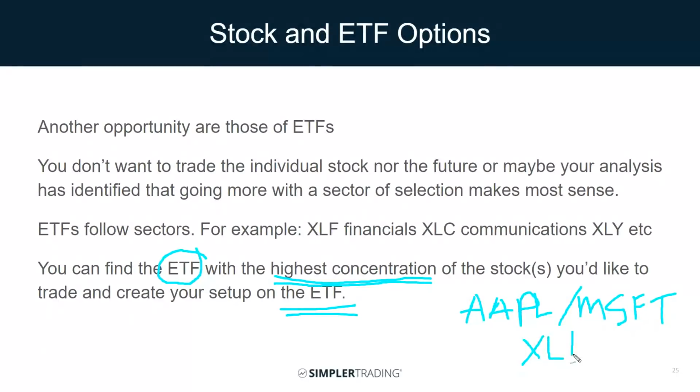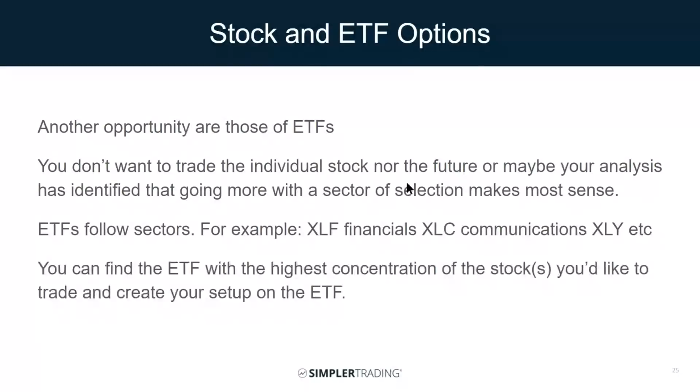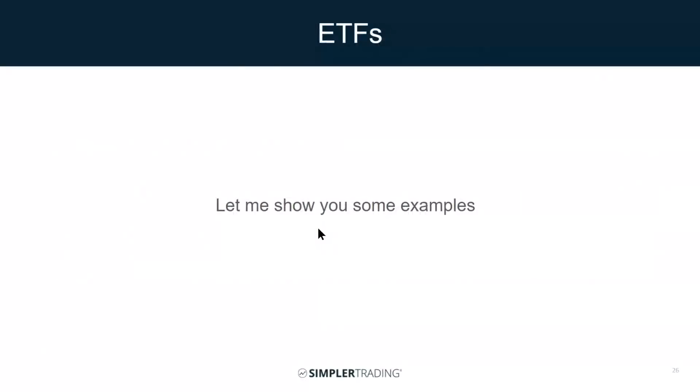But what if I told you there's a simple ETF that has both those stocks heavily weighted within it? That's what I'm talking about. Maybe you've never thought about those stocks inside a single unit that you can take advantage of. So I hope I'm starting to paint a picture of, oh, got it. Okay. So what if I want to trade Amazon or Tesla? That's the XLY.